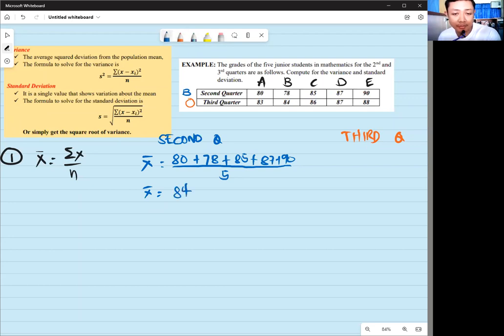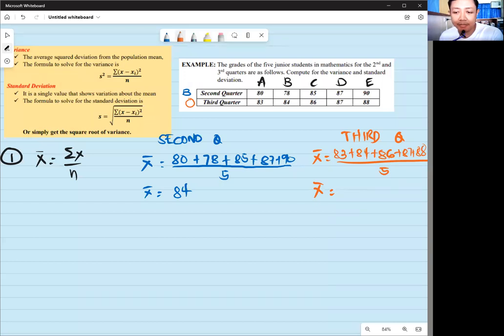So that's the mean. Okay, now let's look at the average of the third quarter grades. So the mean is equal to 83 plus 84 plus 86 plus 87 plus 88 divided by 5. Press it in your calculators, please, and then send the answer in the chat box.